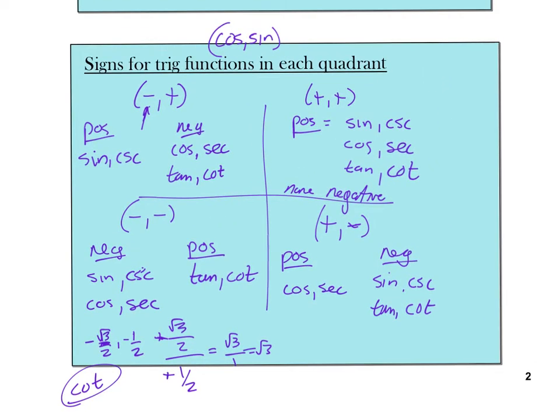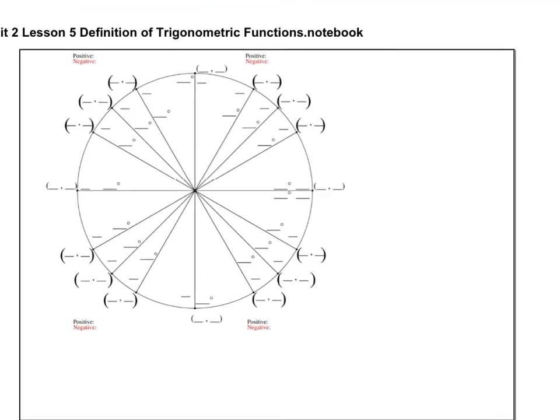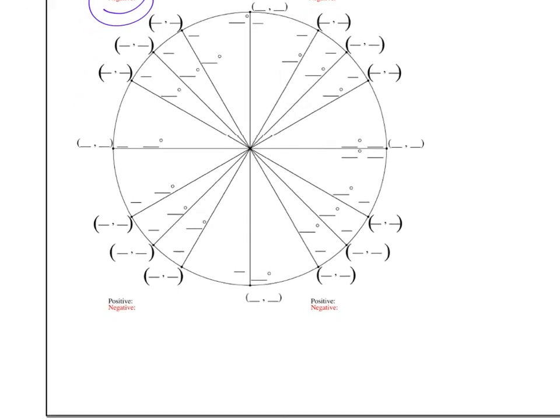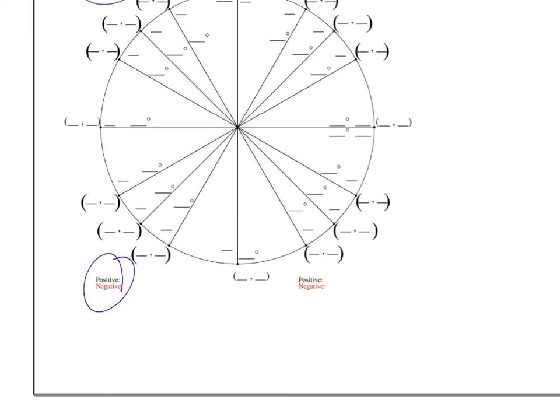So on your unit circle, if you've got little spots to say what's positive, what's negative, here's what you want to put. Up here, this is where you would put all, negative, none. So what's positive over here? It's all the stuff we just said. You should take a minute and write that down. Here, the only thing positive would be tangent and cotangent.